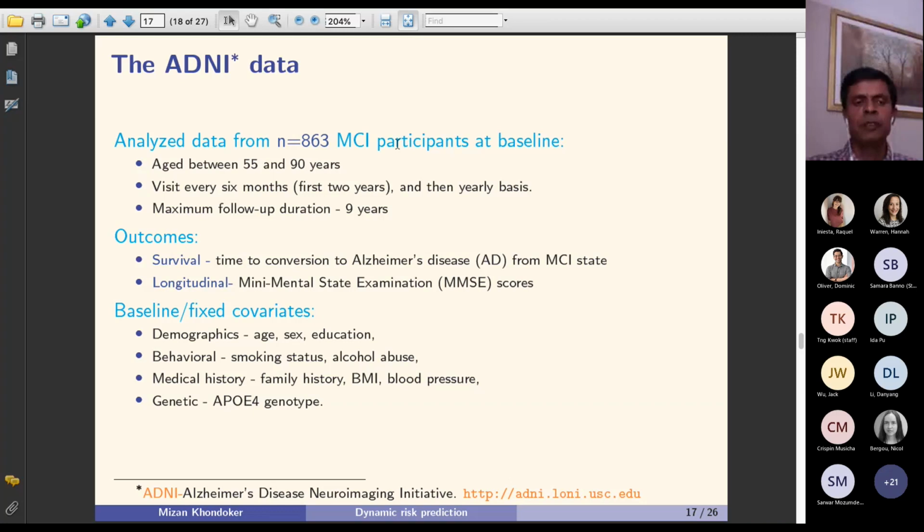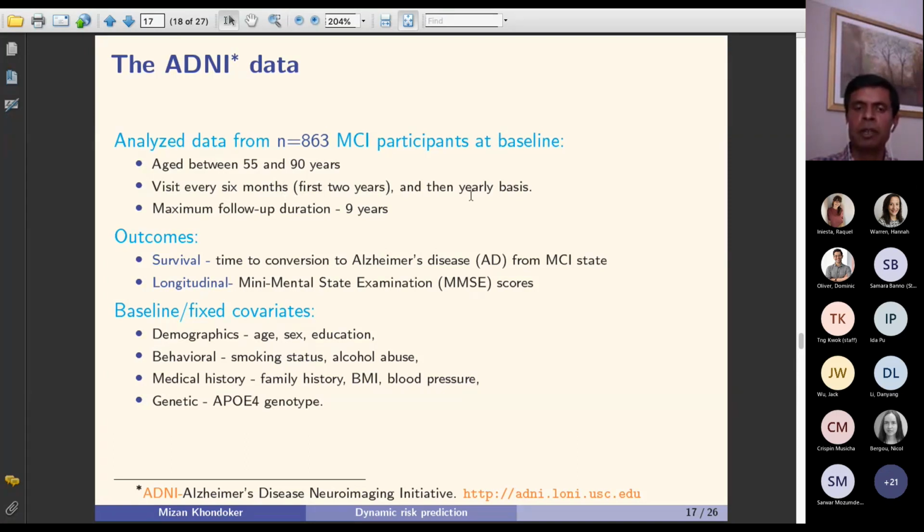The participants are aged between 55 and 90 years, and the length of follow-up and the frequency of visits varied during the course of the study. But initially, the follow-up visit was every 6 months for the first 2 years, and then on a yearly basis.